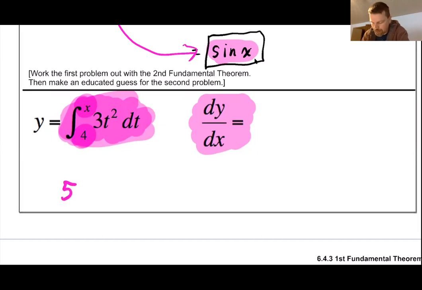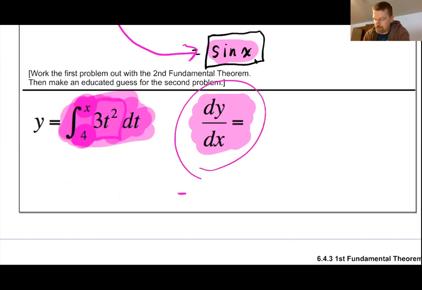Just like if I started with 5 and I add 3, and then I did the opposite of that and I subtract 3, I end up right back at 5. Well, if you've got some equation, 3x squared, and you take the integral, and then you do the opposite of taking the integral, you take the derivative, you're going to end up right back where you started.